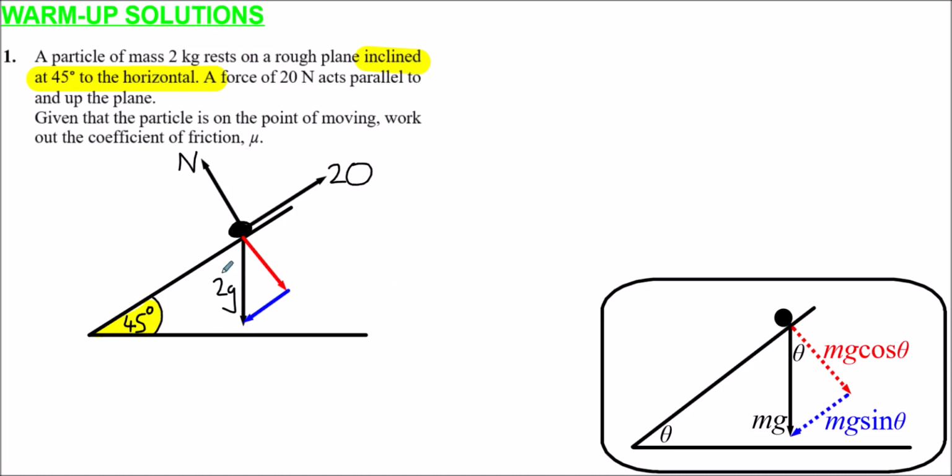So because that's 45, this will always be the same. That'll be a right angle. And then we can just use simple right angled trig to work out the red and the blue in relation to the 2g force. So that's 2g cosine 45. This one here, 2g sine of 45.